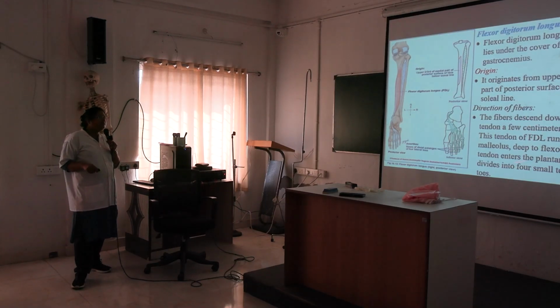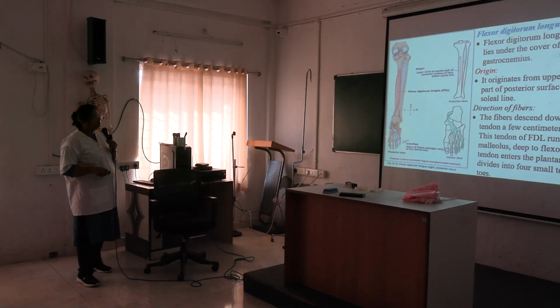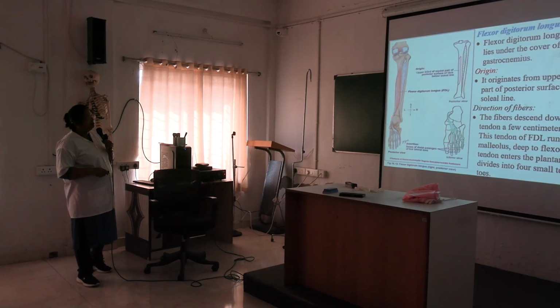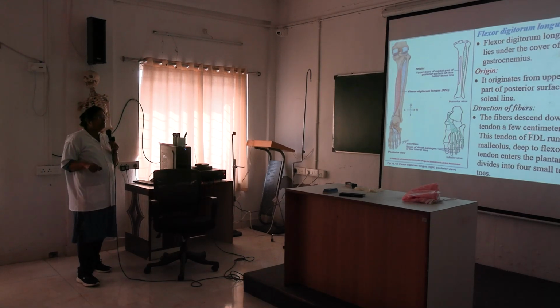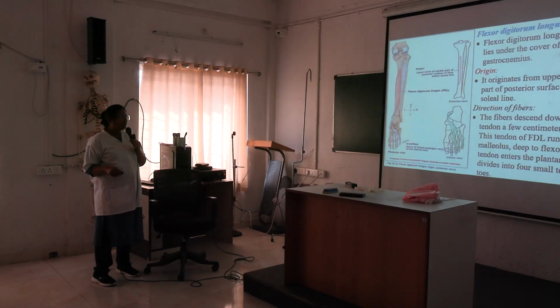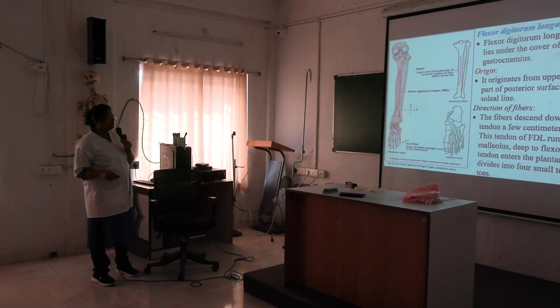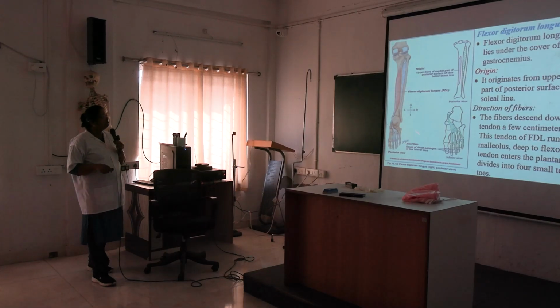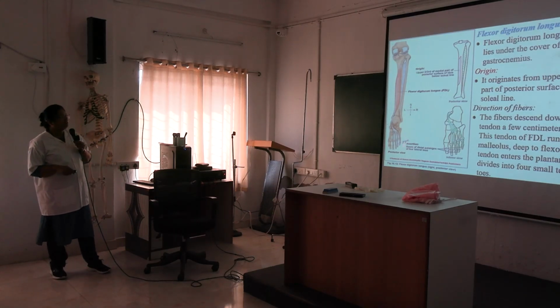And this tendon of flexor digitorum longus runs behind the medial malleolus, deep to the flexor retinaculum. Okay, and then the tendon enters the plantar aspect of the foot and divides into 4 smaller tendons for 4 lateral toes.